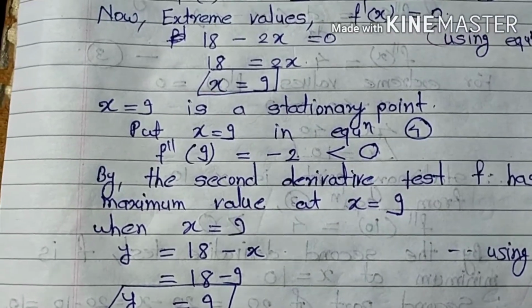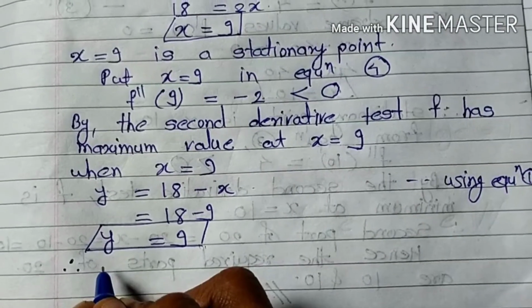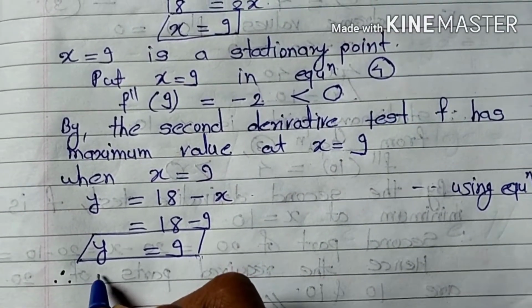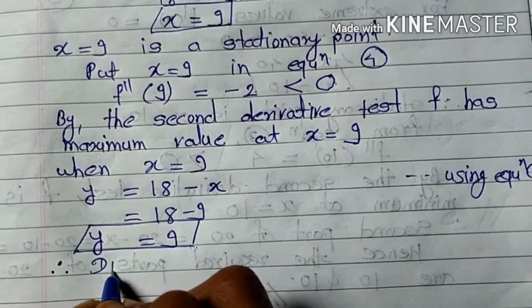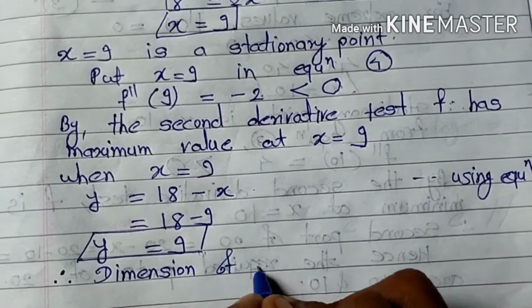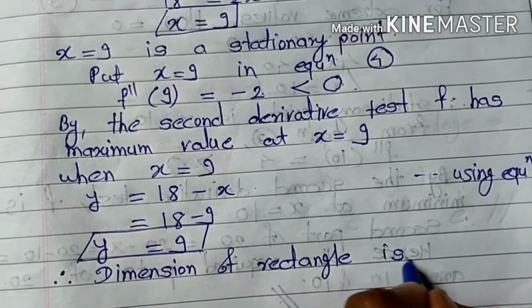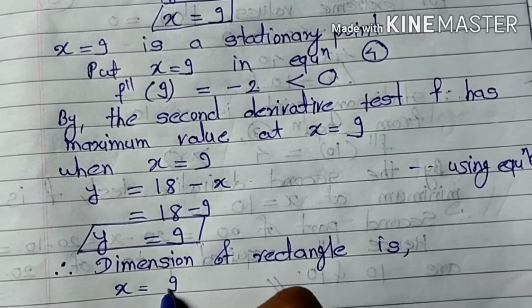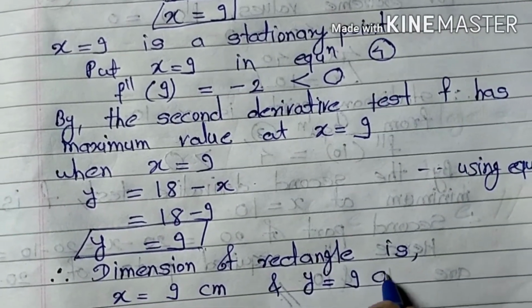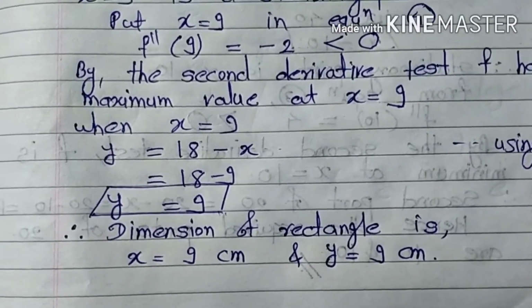Therefore, the dimension of the rectangle is x equal to 9 centimeter and y is equal to 9 centimeter. Thus the rectangle is a square.